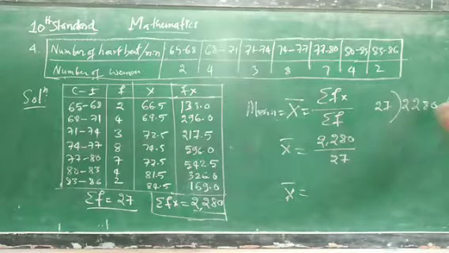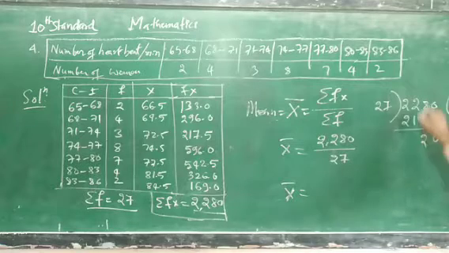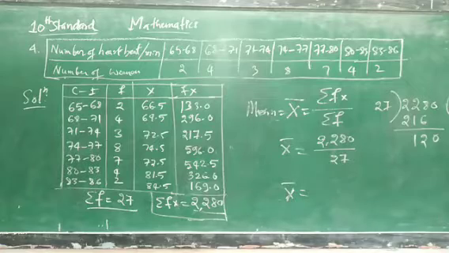Yes, 8 is 216. 120. Okay. 27 into 5, 135. It is greater. So 27 into 4, 108. 27 into 4, that is 108.